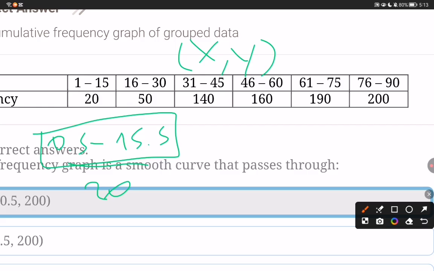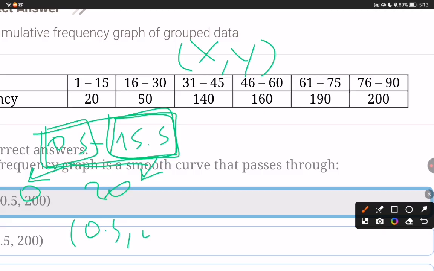Here's what you're going to do. Usually, the last value in a time interval would go with the y, and then the first value goes with the number before. You don't have a number before, so 0.5 would go with 0. So then your coordinates in this case would be 0.5, 0, and 15.5, 20.